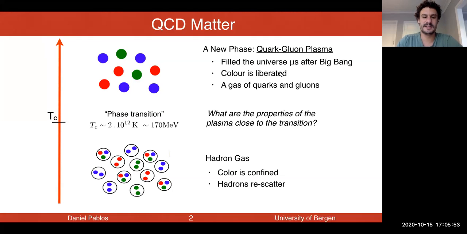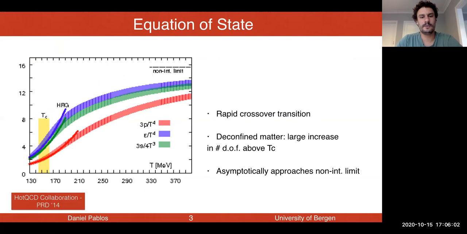But close to the phase transition, around 170 MeV or so, we wonder what the properties of the plasma are. We know through the equation of state, from lattice computations on super expensive computers, that there's a rapid crossover transition as you increase the temperature, and a large number of degrees of freedom get liberated around this transition.